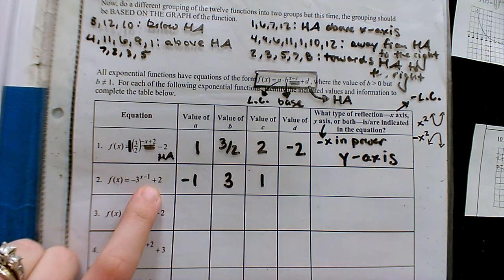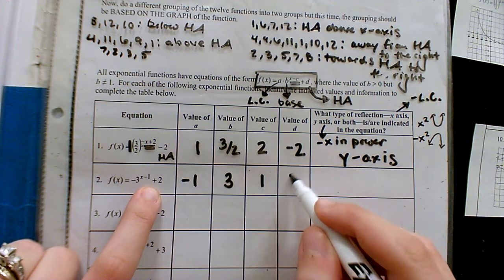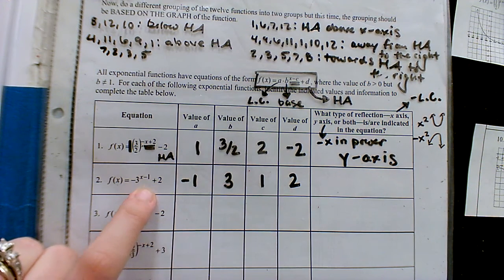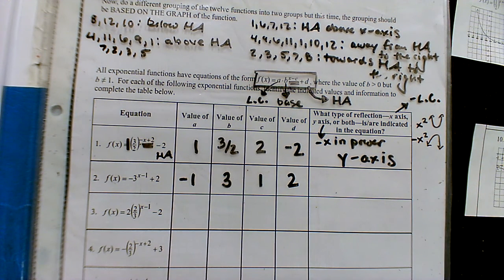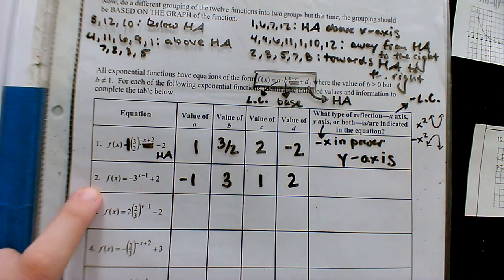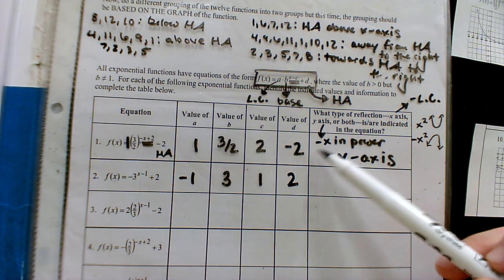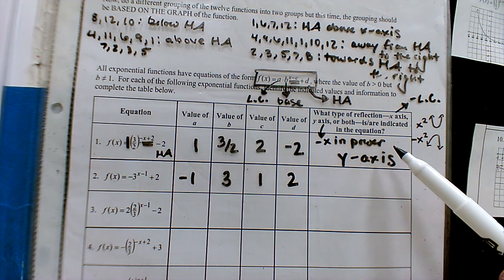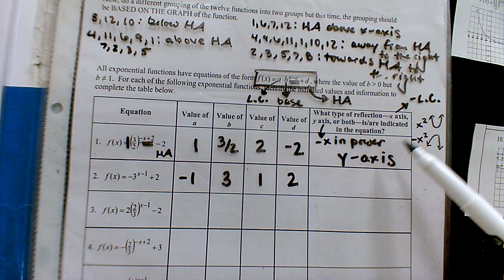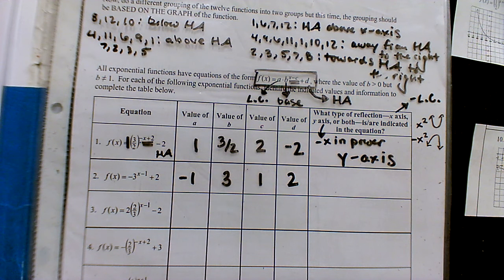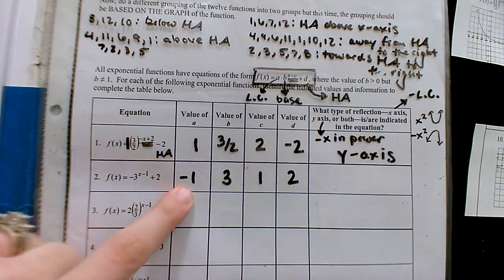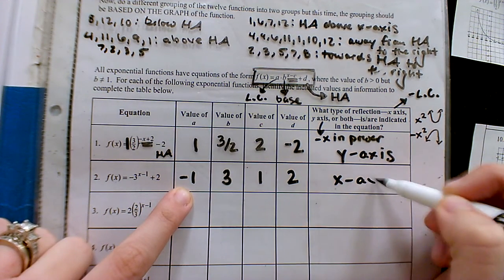And our D value, which we now know represents a horizontal asymptote, would be 2. Can we identify any reflections for this example? Either a negative leading coefficient or a negative x in the power. Yeah? Okay. It's an x-axis flip.